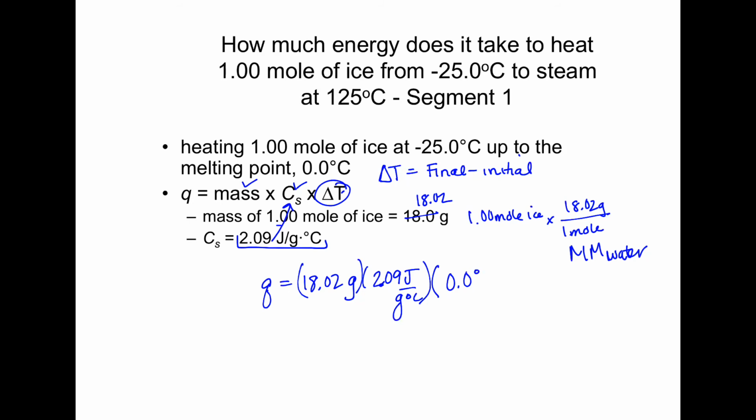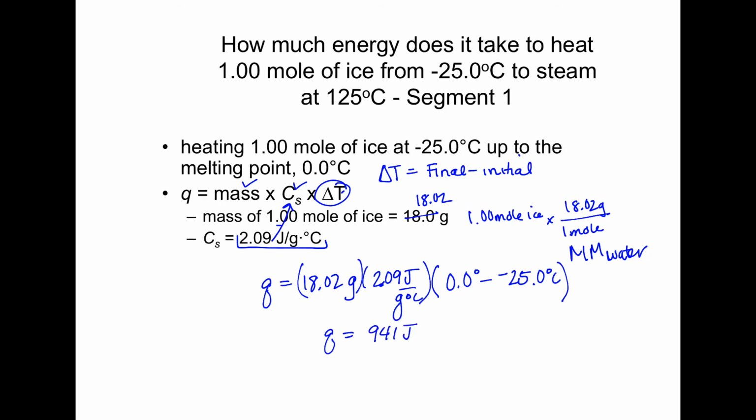I'm raising it to the melting point, and I started at negative 25 degrees C. So this is my final, this is my initial. And when I did that, I got the energy was about 941 joules.